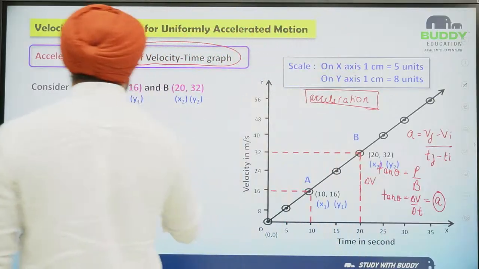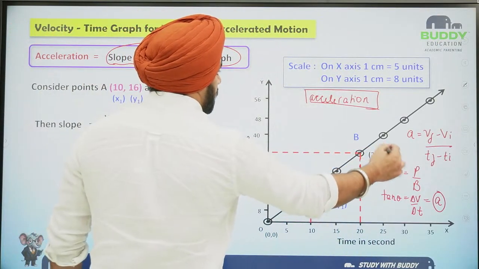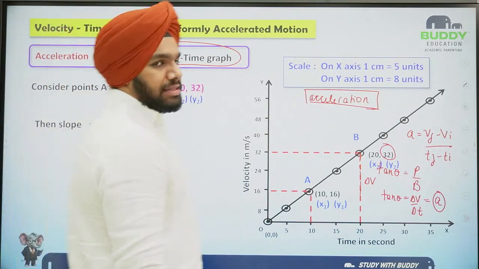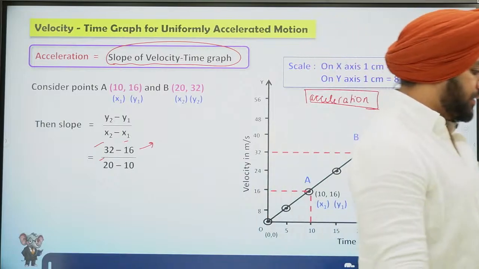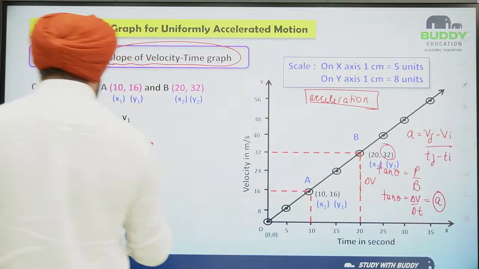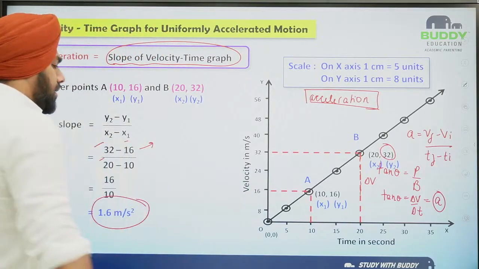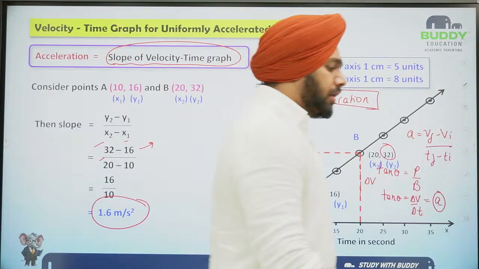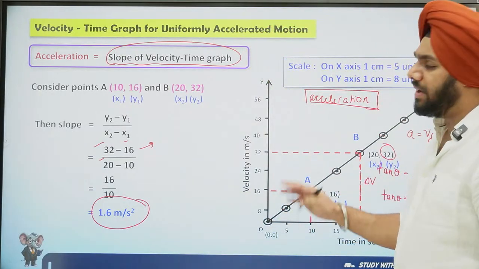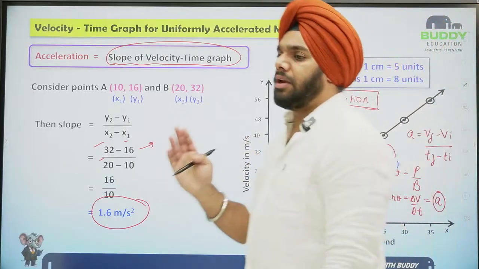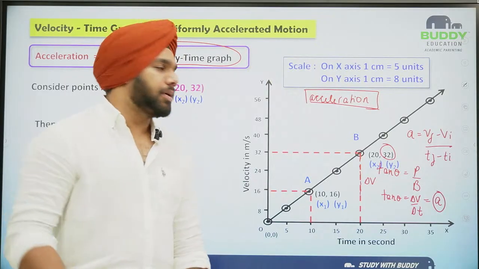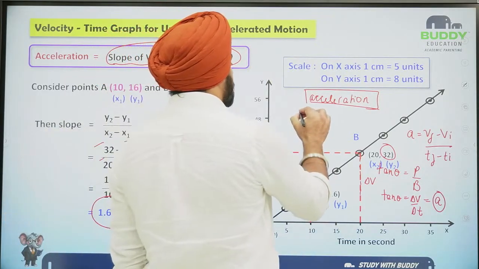So y2 minus y1 is 32 minus 16, upon x2 minus x1, which is 20 minus 10, right? If you solve this, you get the acceleration 1.6 meter per second square. Now, because this acceleration is constant, you will find 1.6 meter per second square between any 2 points, anywhere, okay? So you need not worry, because the slope is constant here.